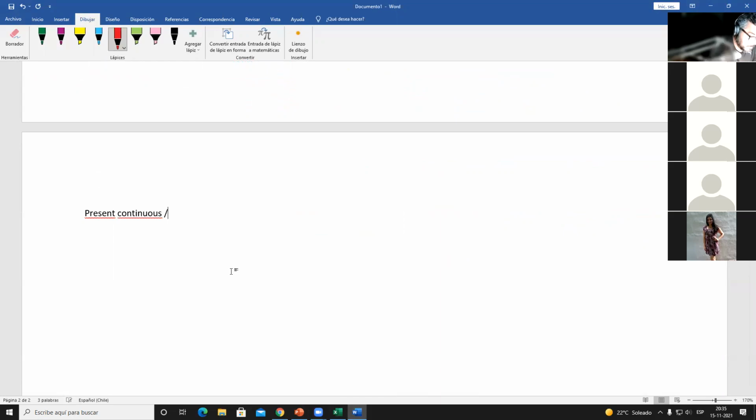Present continuous, también le llaman progressive. ¿Cómo se arma? ¿Cierto? Así. Entonces, I am playing. ¿Sí? Eso es present continuous.